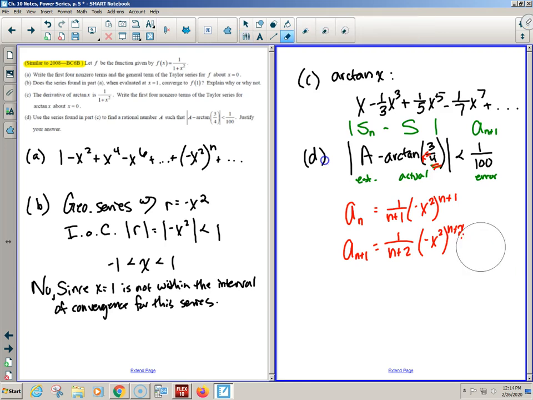I'm trying to get it when plugging in 3/4. Wait, I'm going to do absolute value of this whole thing anyway, right? Okay, so let's not worry about that negative anymore. That's kind of silly. Okay, so I know that 3/4 squared is 9/16.